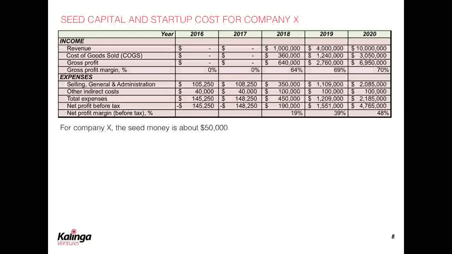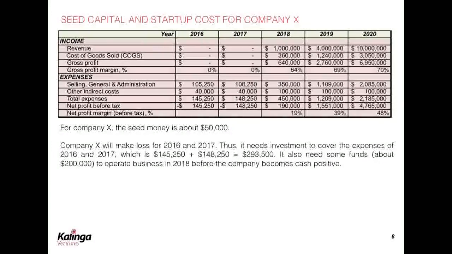Now, if you look at the startup cost, as I said, you have to add the first year loss, second year loss, and the capex cost. The first year loss is $152,250. Second year loss is $148,250, and that comes to $293,500.